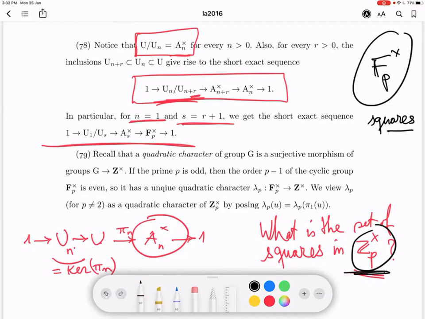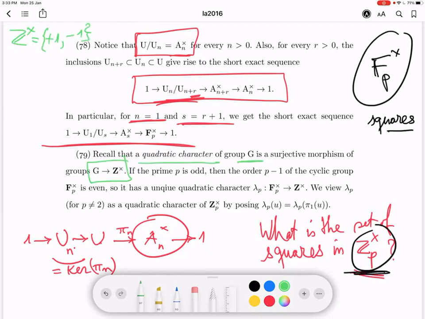So for that, I need some terminology. And the first word I want to use is quadratic character. That makes sense for any group whatsoever. It is just a surjective homomorphism from G to Z star. Now, what is this Z star? For me, Z star is just the group consisting of +1 and -1.